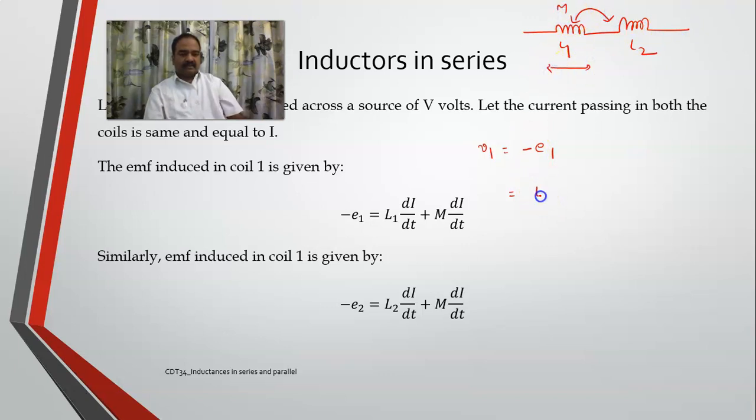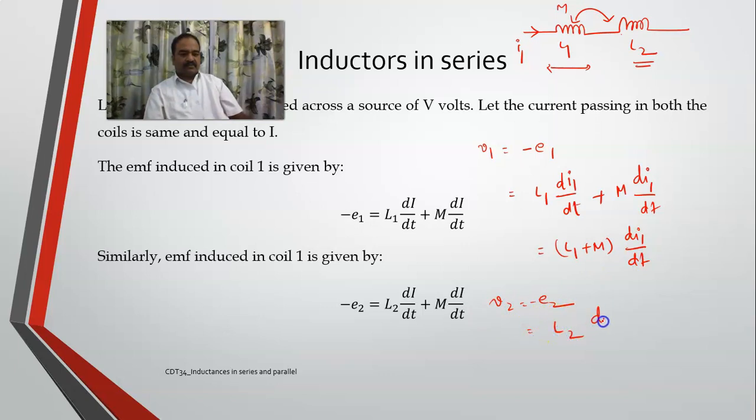It is L1 di1 by dt, plus the mutual inductance M times the current flowing in this one, which is also di1 by dt, since I'll assume that the same current is flowing in these two coils. So what I get is L1 plus M. Similarly for V2, it is L2 di1 by dt plus M di1 by dt, so again I will get L2 plus M.